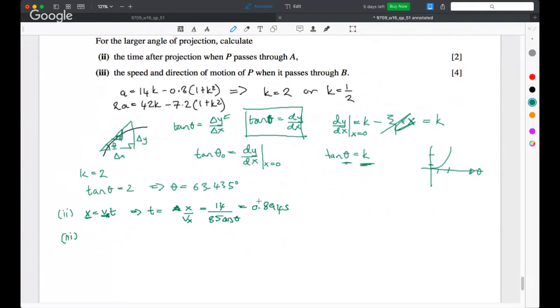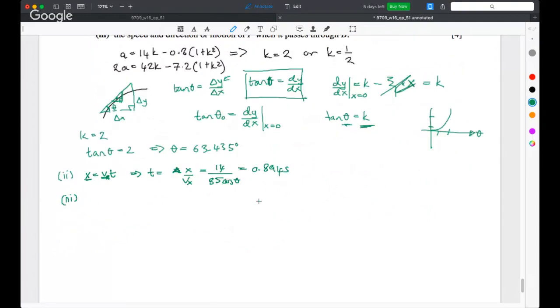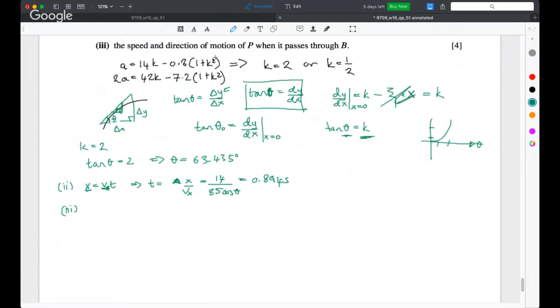Last piece. They want us to find the speed and direction of the motion when it passes through B. So first we need to find A, which is part of the coordinates of B. So with our value of k that we chose, the equation now becomes y is equal to 2x minus 1 on 49 x squared.